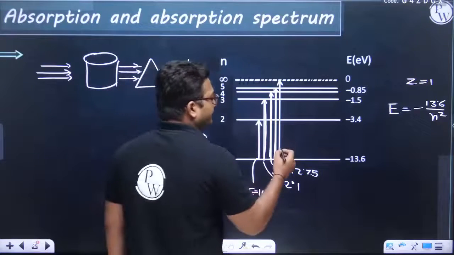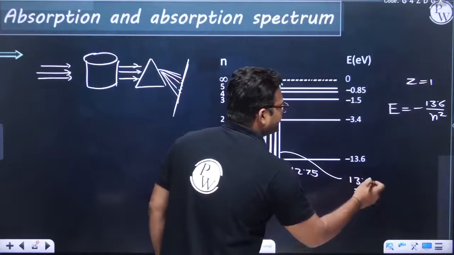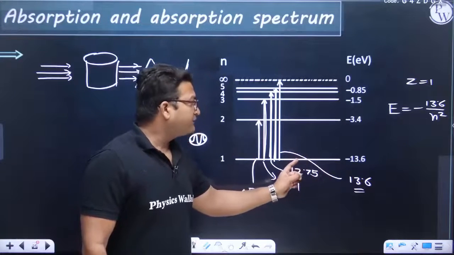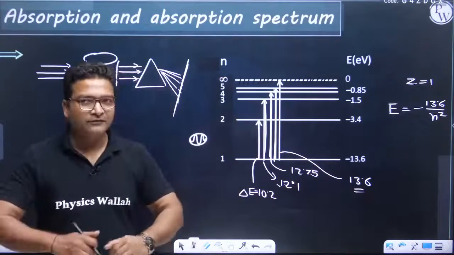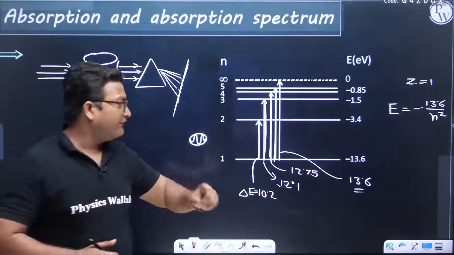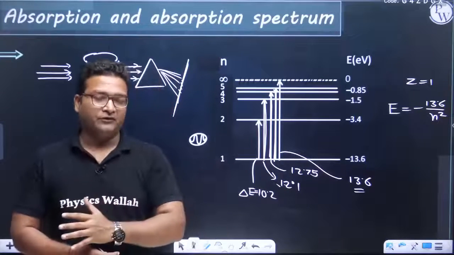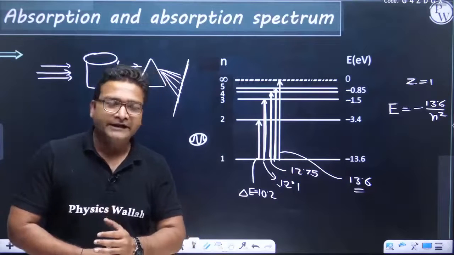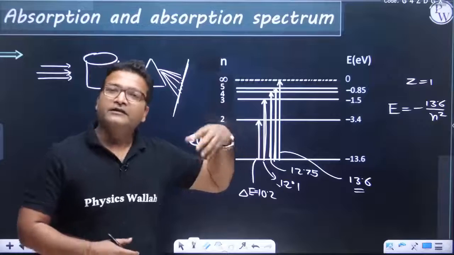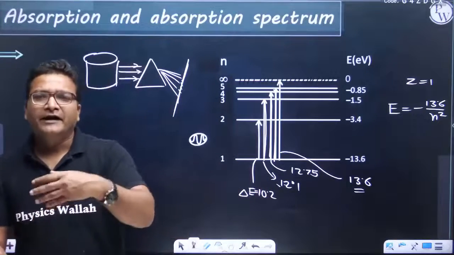And obviously the last is 13.6. This is the energy difference between the ground state and n equals infinity. This will be absorbed, and all photons having energy more than 13.6 may be absorbed. What do they do? They just ionize this electron and the remaining energy turns into the kinetic energy of the emitted electron.